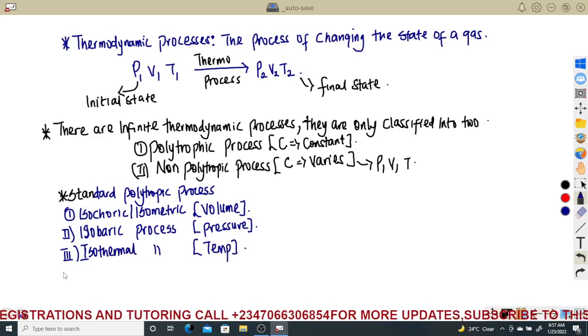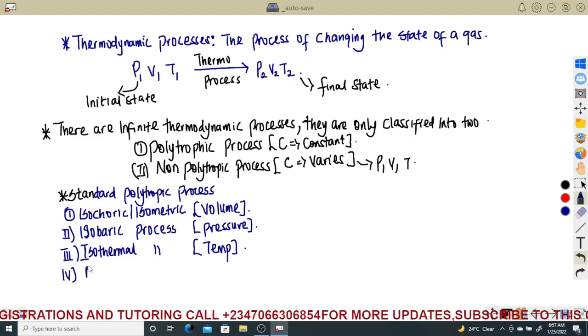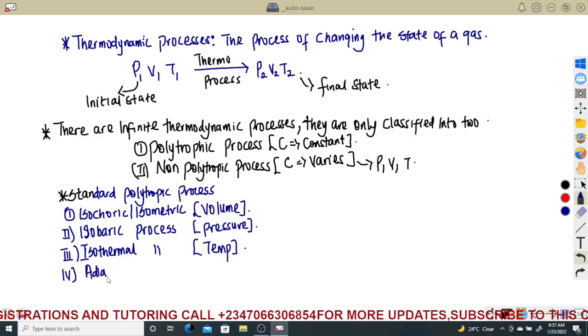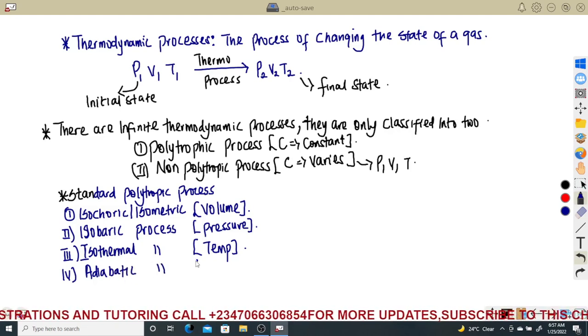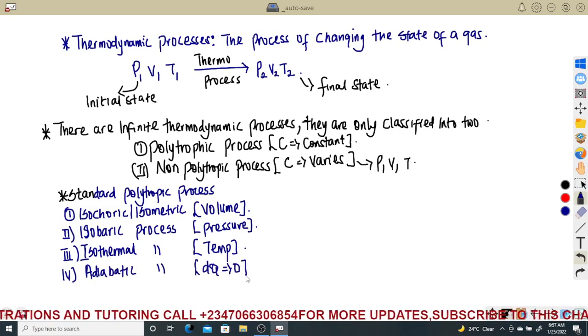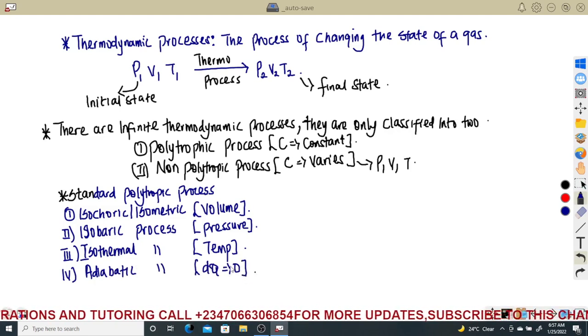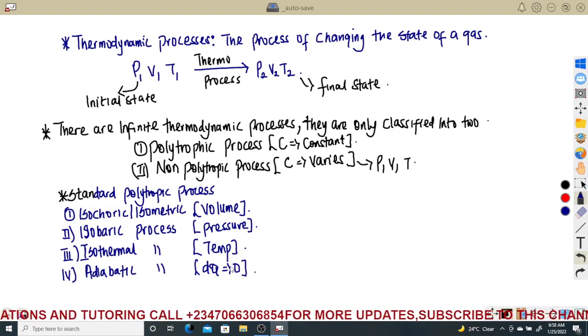And the last process under standard polytropic processes is called adiabatic process, which means the heat exchange Q is equal to 0.